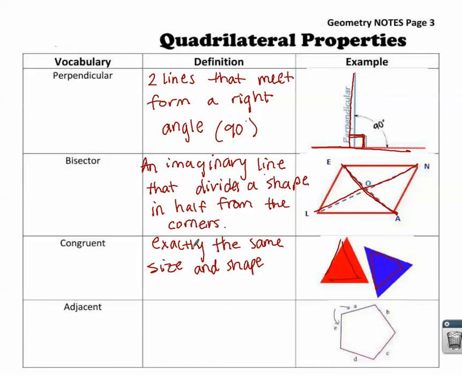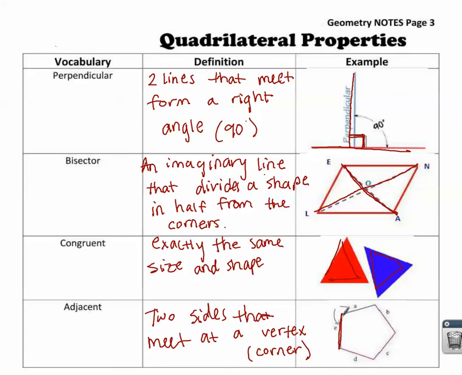Adjacent is where two sides meet at a vertex. Vertex is another word for corner. So for example, here's two sides and they meet at this point. This point is called the vertex.